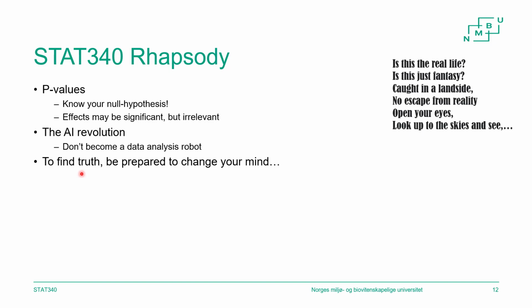But if you are going to find the truth, and you're never going to change your mind about anything, you are in a bad situation. Then you have to stumble across it in the first attempt. Otherwise, you will never find it. So changing your mind is something we should embrace more, I think.